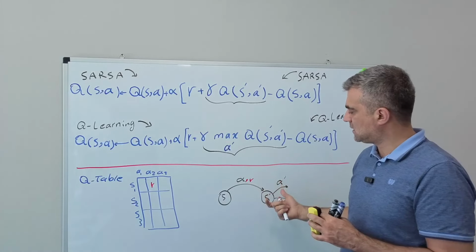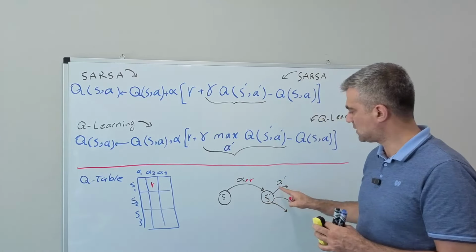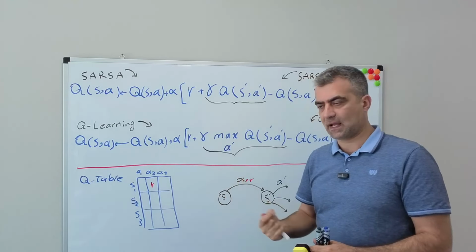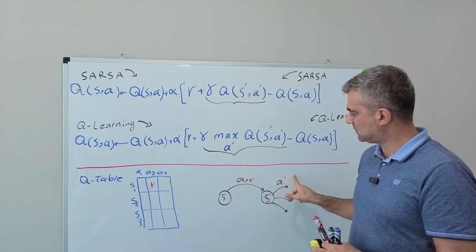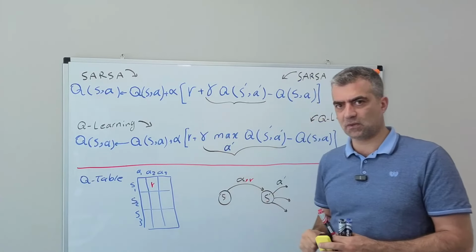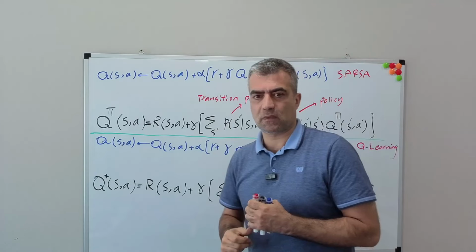Are you realistic? You look at the policy, or you consider or you imagine the best action. This is next state, and this is the next action. So this was the story of Q learning and Sarsa. Okay.